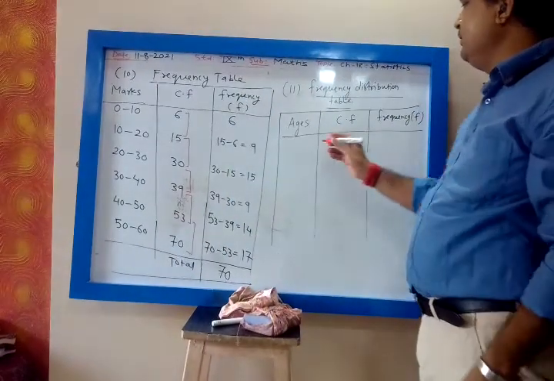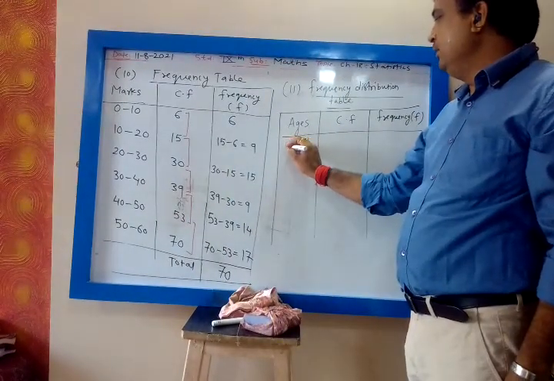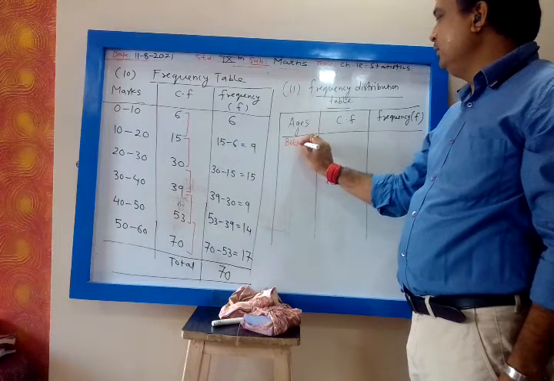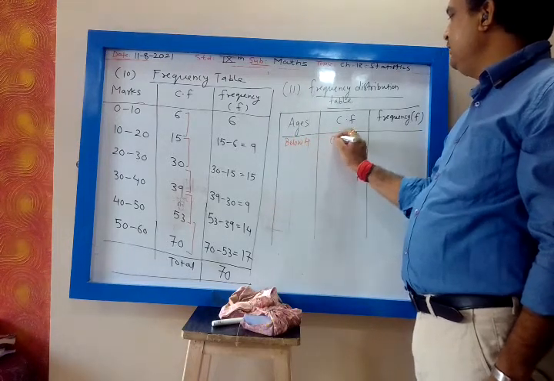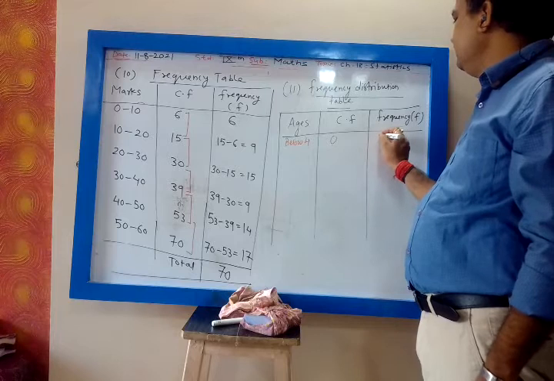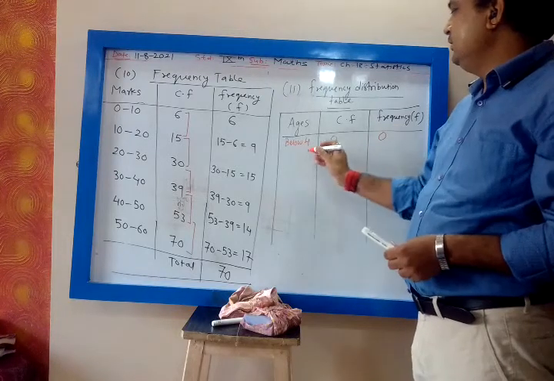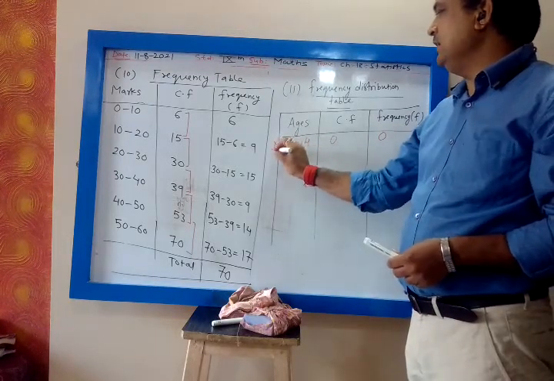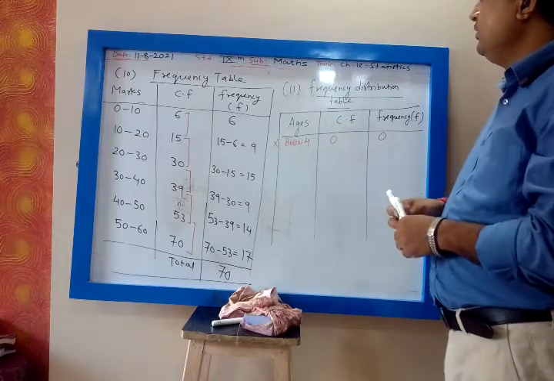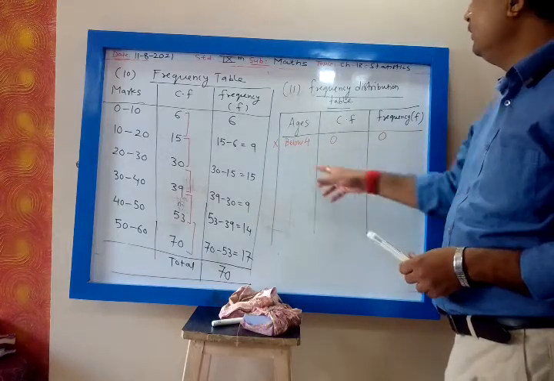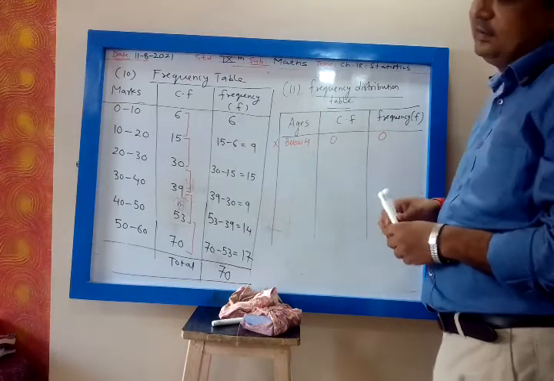Below 4 the CF is 0, so this we leave. I am writing here but I am cancelling this, because below 4 it is 0. So there is no need to write that class interval.